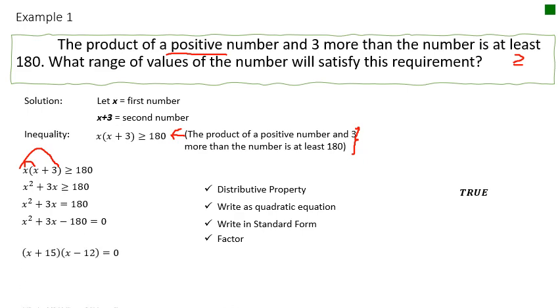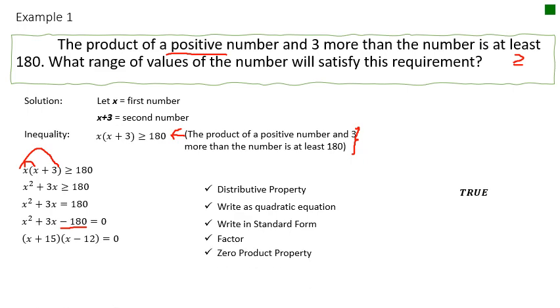So, factor natin yan. Ang factor ng ating given equation ay quantity x plus 15 times quantity x minus 12 equals 0. So, 15 times negative 12 will give you negative 180, and 15 plus negative 12 will give you positive 3. Kaya ayan po ang kanyang factor.